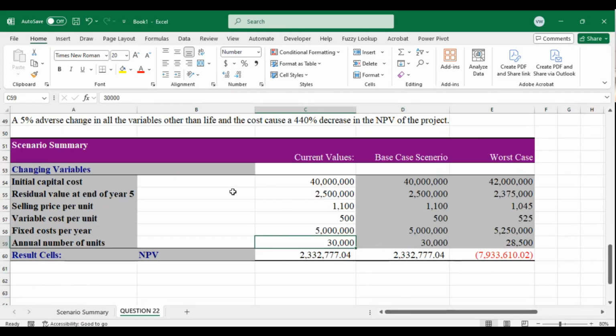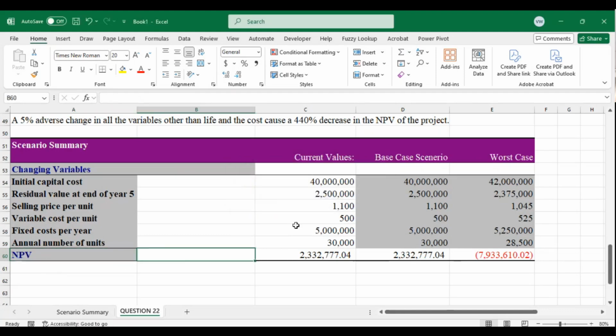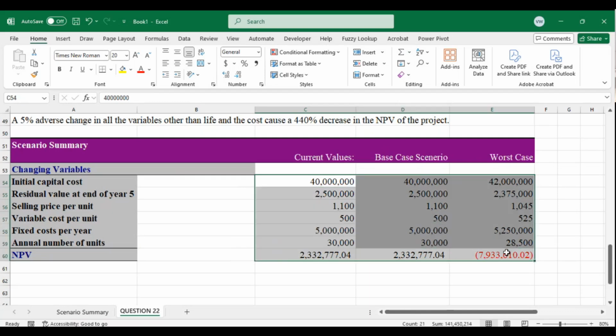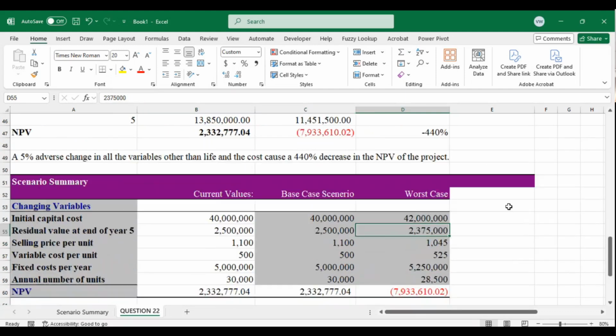And then what else can we move? Instead of saying results, let's move this NPV here. Yes, so we want to replace that so that we move all of these. Then we can now get rid of this.